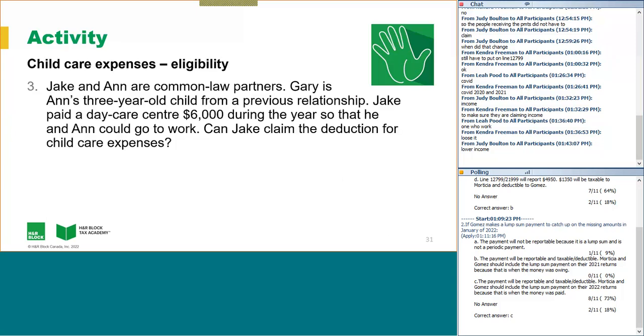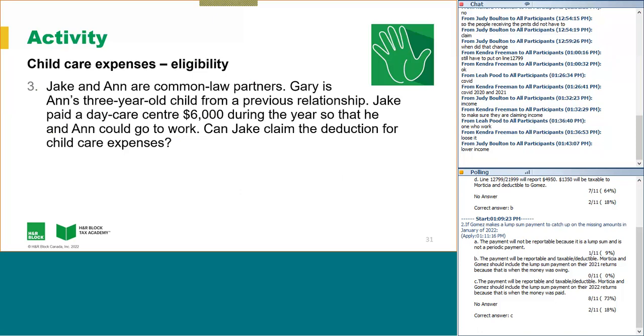All right, Jake and Ann are common law partners. Gary is Ann's 3-year-old child from a previous relationship. Jake paid a daycare center $6,000 during the year so he and Ann can go to work. Can he claim the deduction? Here you have to say, is he a supporting person under the definition for child care? Supporting person under the definition for child care is the common law spouse of the parent of the child. So yes, he qualifies.